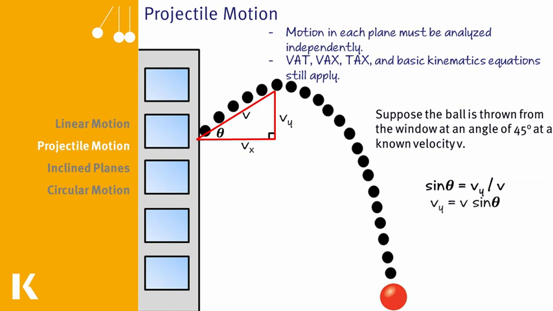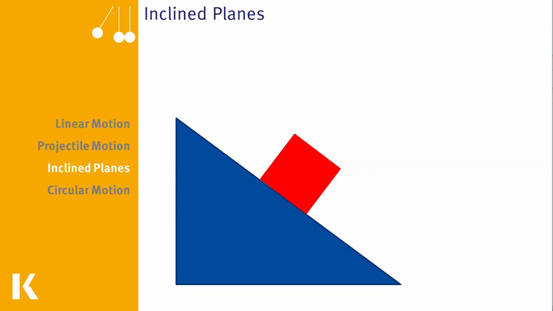This value must be known in order to determine the maximum height the ball reaches, how long it takes to get there, and how long it takes to hit the ground. To solve for the horizontal component of velocity, which will help us find how far away from the building the ball will land if we know time, we use cosine of the known angle to find the side adjacent to the known angle.